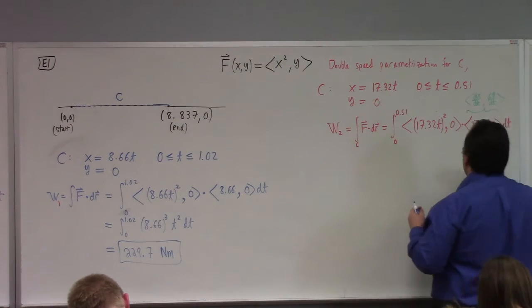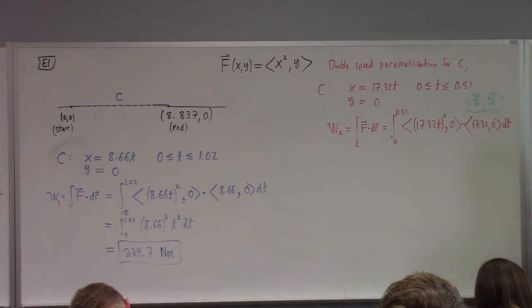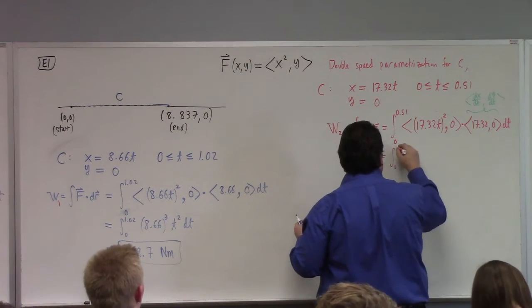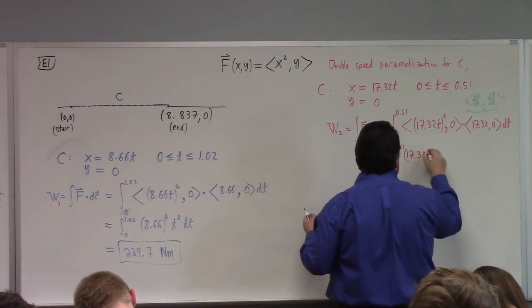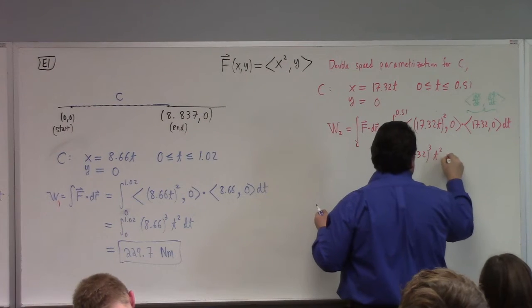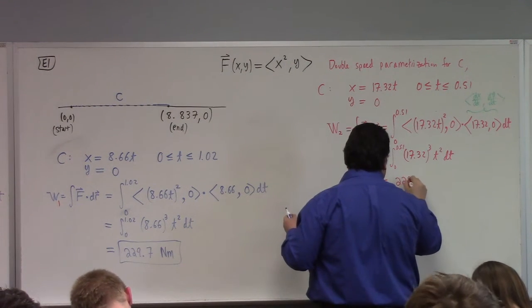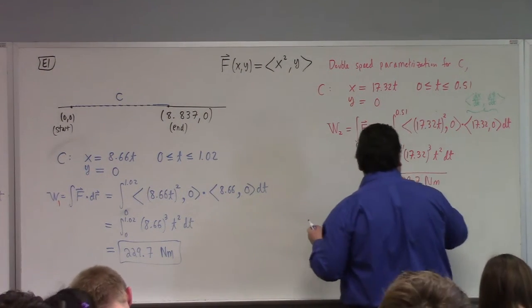That's what's going there. And what does this give us? This gives us the integral from 0 to 0.51 of 17.32 cubed times t squared dt, which, guess what, works out to 229.7 newton meters when I put the units back in.